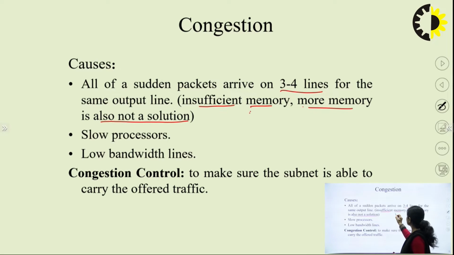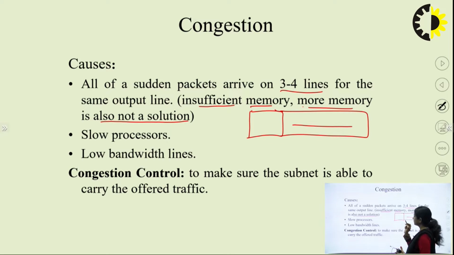Suppose that was the memory, and if I increase the size of the memory, the larger the memory is, the larger the capacity would be. If it has larger capacity, that means it can buffer a larger number of packets, right?